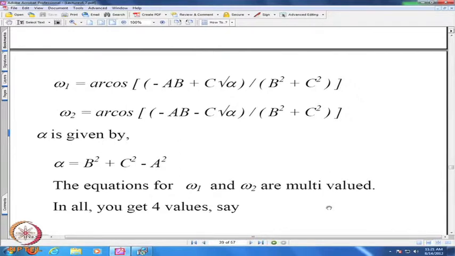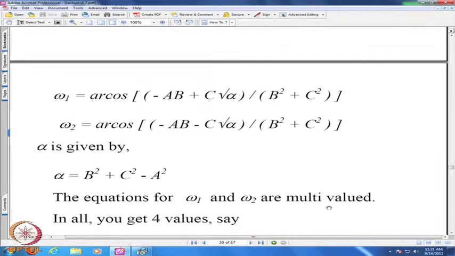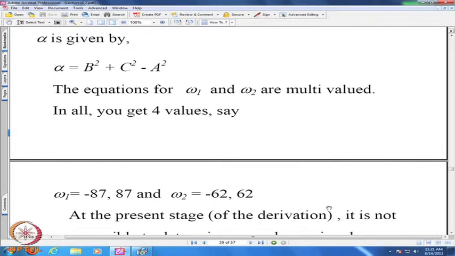But now we have got 4, and I will just give you arbitrarily some numbers, something like this. If I solve it, I got a minus 87 and plus 87 from the first one, and from the second one minus 62 and plus 62.